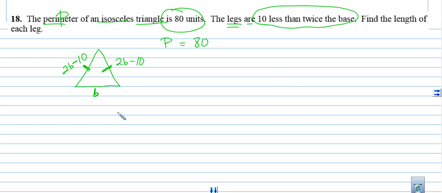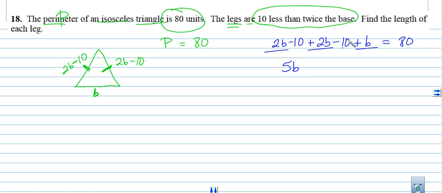If we did the perimeter, we know the perimeter is adding all the sides. So if we add all the sides up, you get 2b minus 10 plus 2b minus 10 plus the base at the bottom. That would equal 80. So you have 2b plus 2b plus b. That's 5b's.